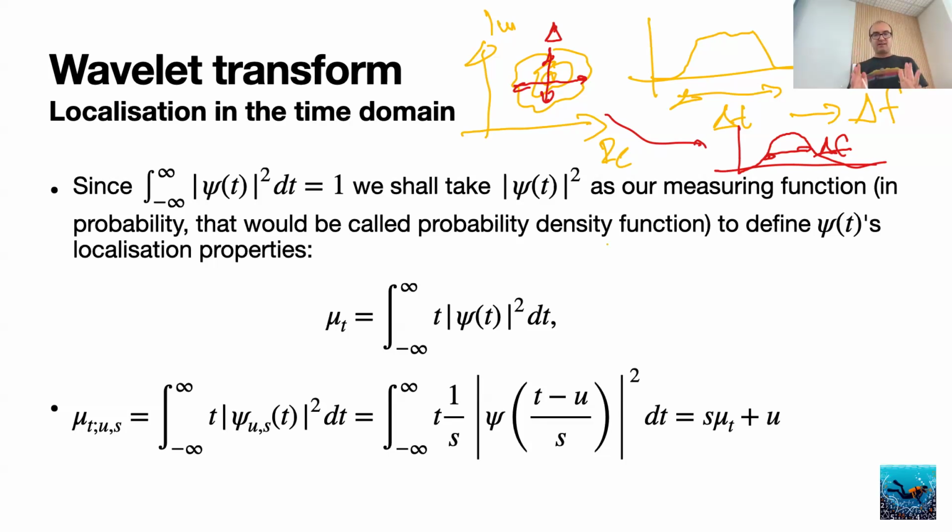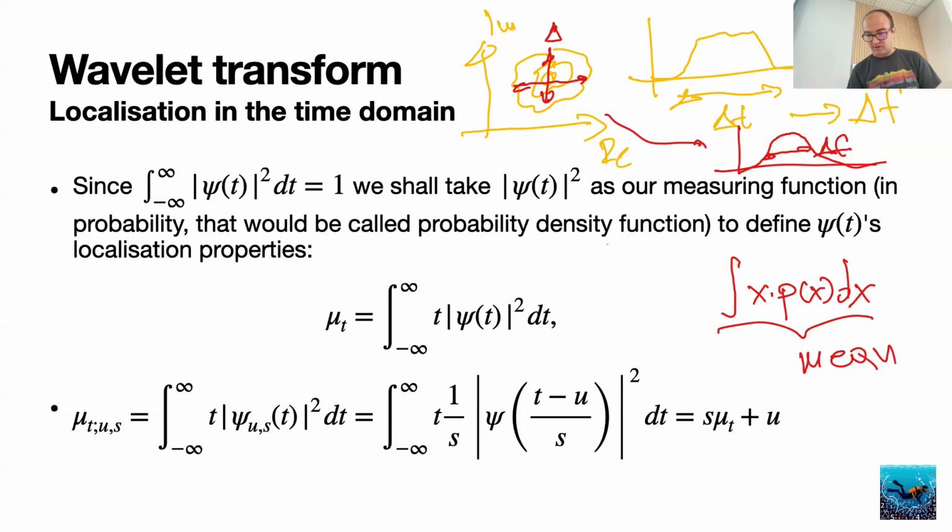How are we doing this? If you remember from any introductory course in statistics, if we would like to find the mean value of a random variable, the mean value is the integral of x times p of x dx. So this is the mean value definition. And we are using the same thing over here.